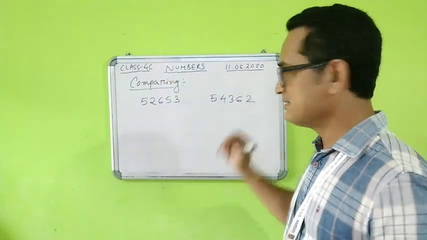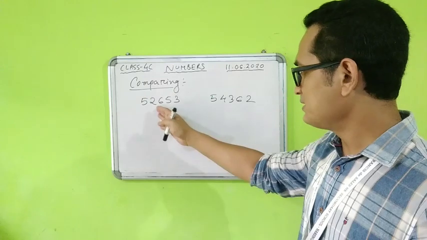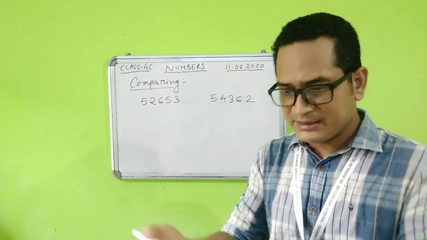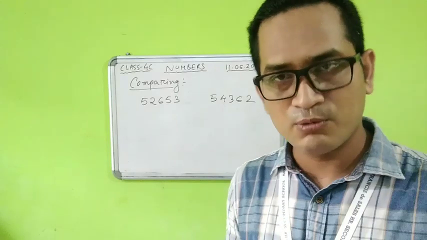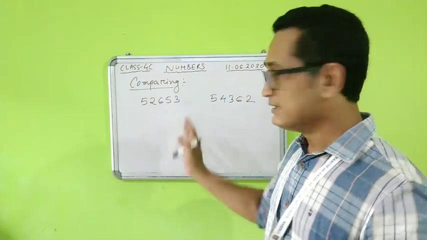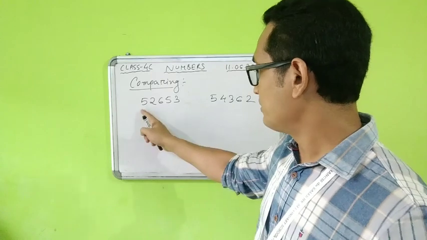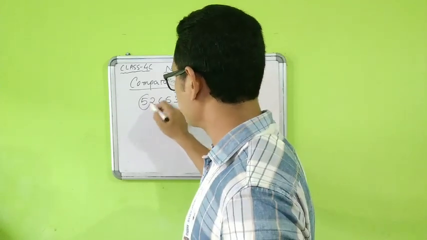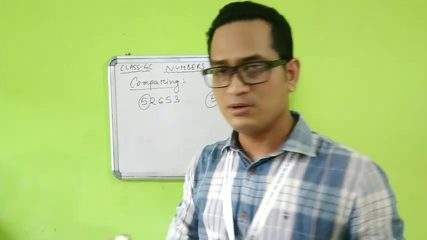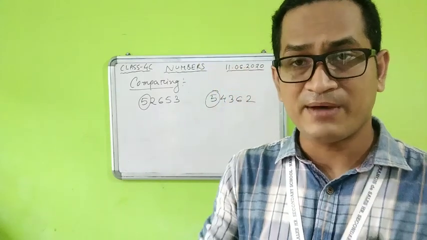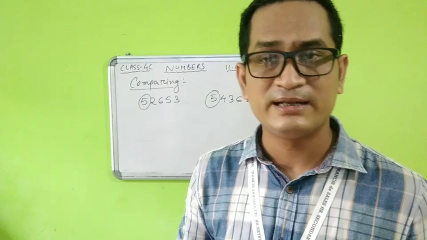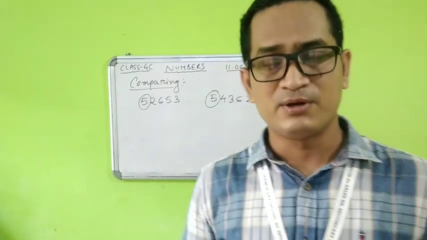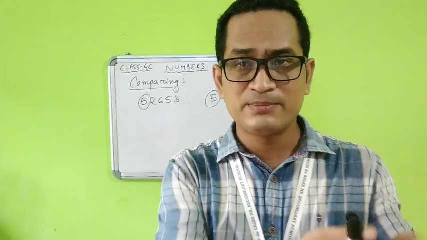This has 5 digits, this also has 5 digits. Now students, both have the same number of digits, so we can't decide from there, so rule number one we cannot follow. For the second rule, we have to compare the extreme left-hand side digit. Here the extreme left-hand side digit is also the same, 5 and 5. So here also we cannot decide which number is greater, because both have 5 in the extreme left.